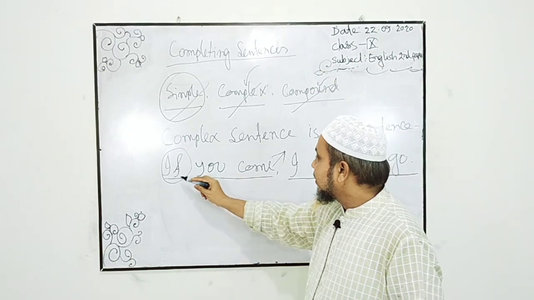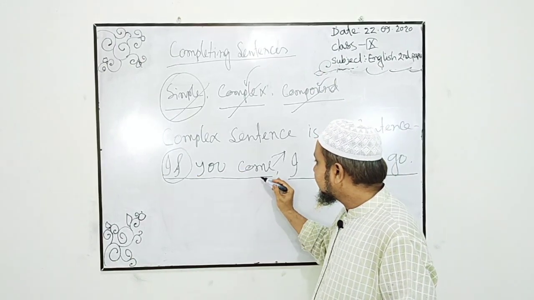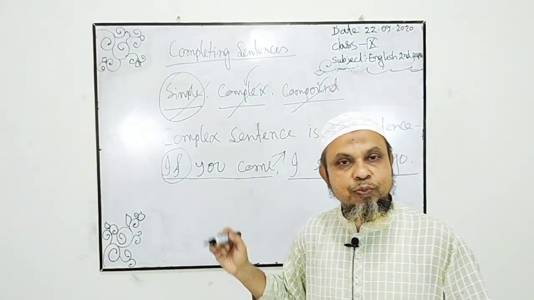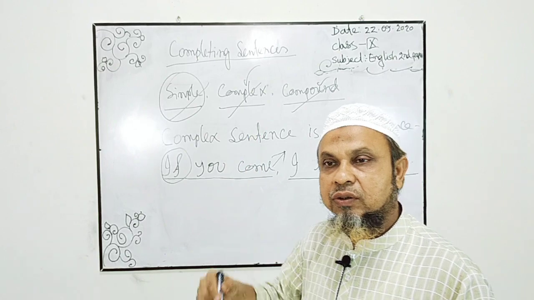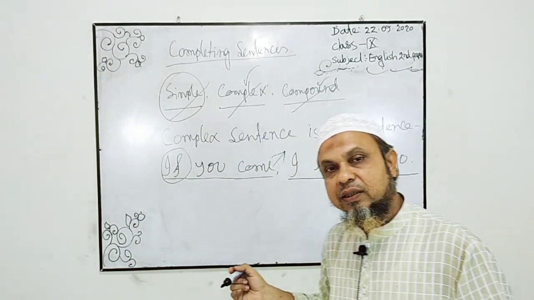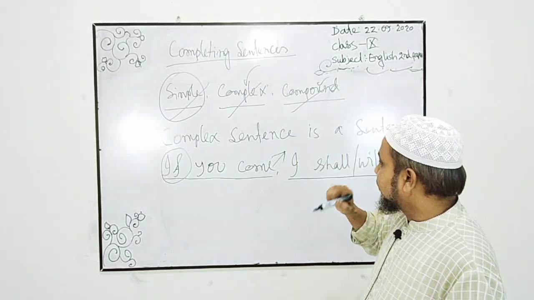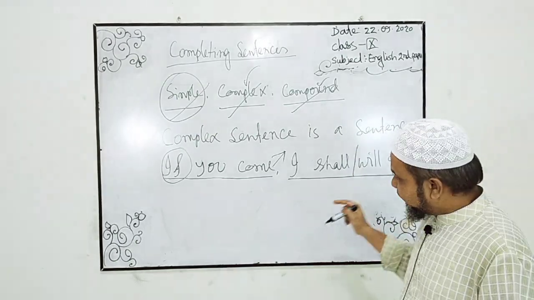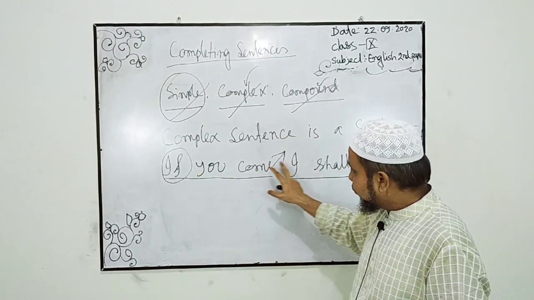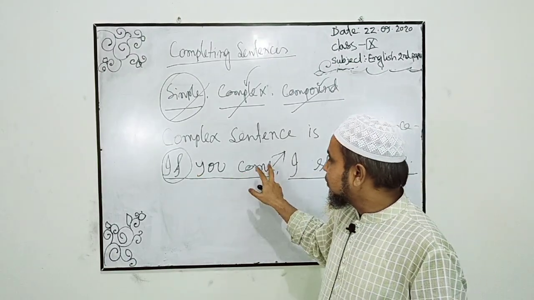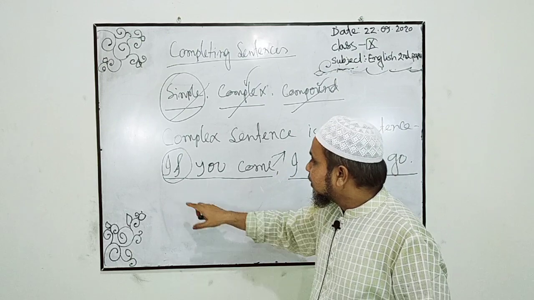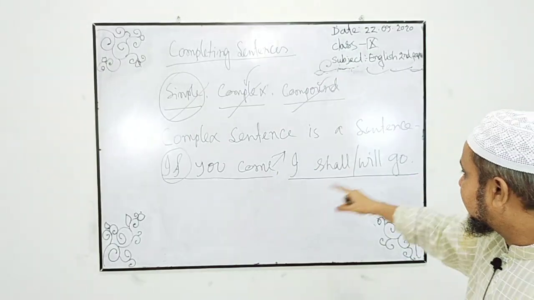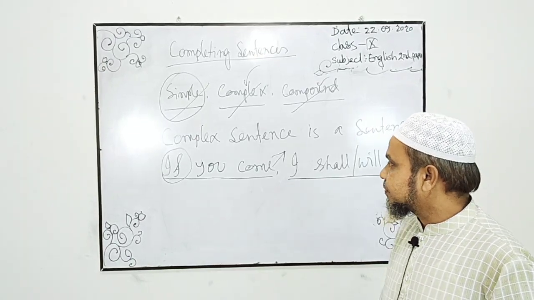If you say "if you come," then the listener's mind will wonder what happened then. After that, we can say "I shall or will go." If we say these two clauses with the conjunction "if," then it is a complex sentence.